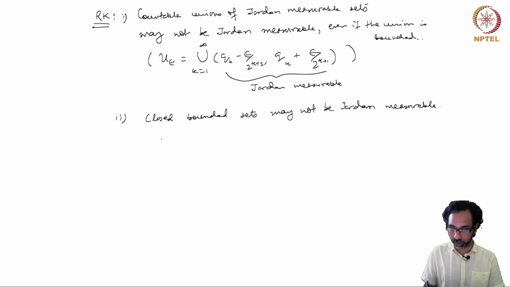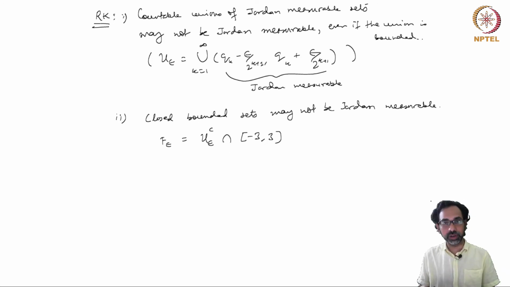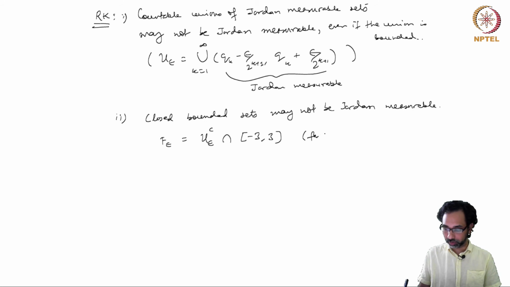So we can take for example F epsilon, which is the complement of U epsilon intersected with some big interval, let's say [-3, 3]. It's not very difficult to see that F epsilon is not Jordan measurable for epsilon small enough, of course.